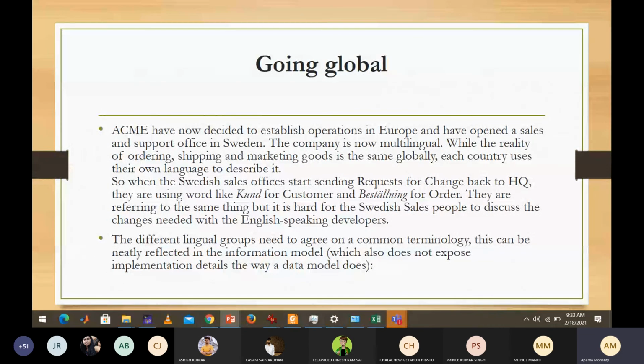Suppose the company's base was in India and it has already established itself everywhere in India, and now it wants to go global, say in Europe.